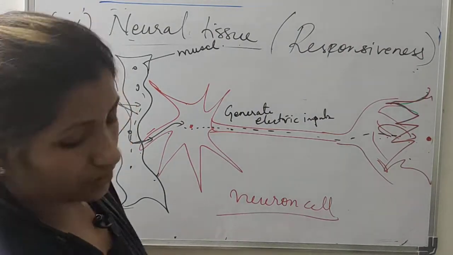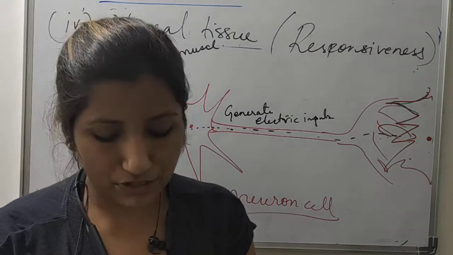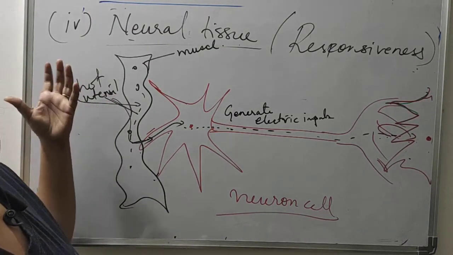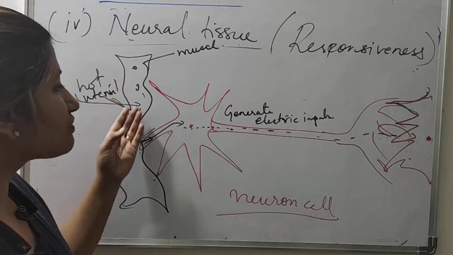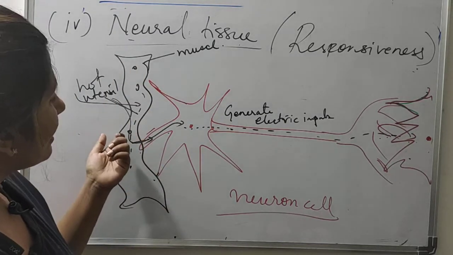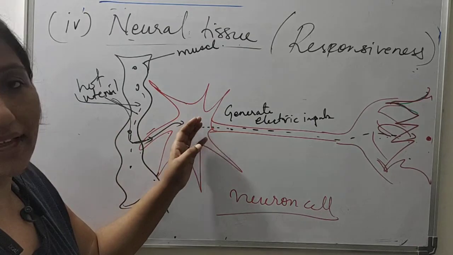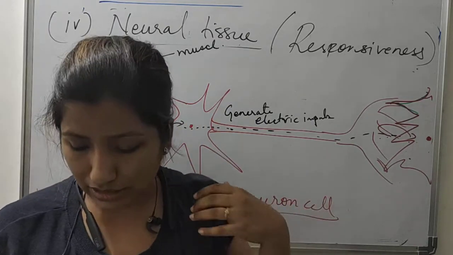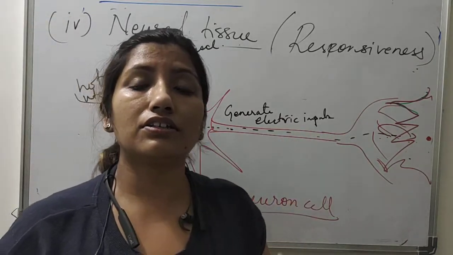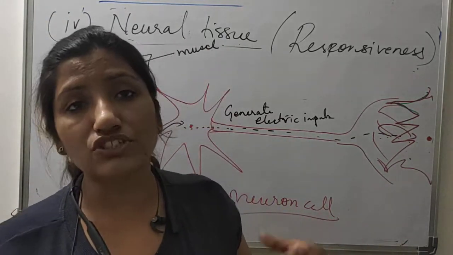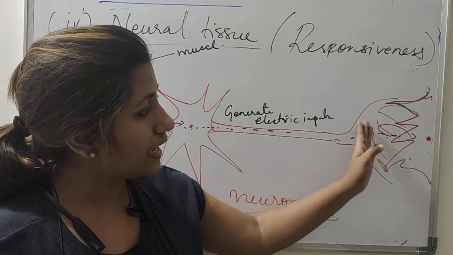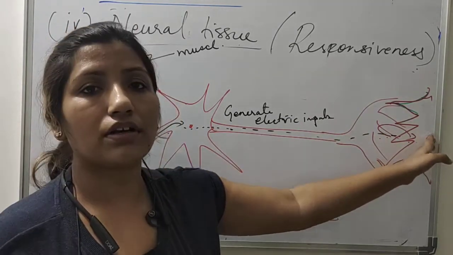So when we receive stimulation from outside, a hot utensil, hot temperature, is a stimulation received by the muscle of your hand or your leg or any part of your body, and that information goes to the neuron. The generation of an electric impulse is called electrical disturbance, and it will travel through the neuron till the nerve ending, and pass to the adjacent neuron, then from there to the next neuron.